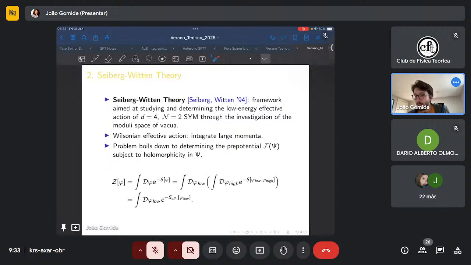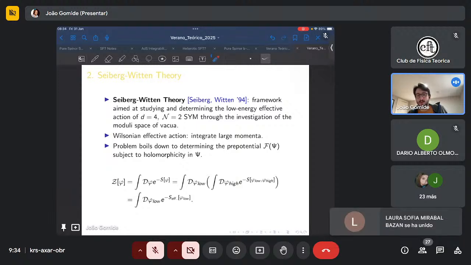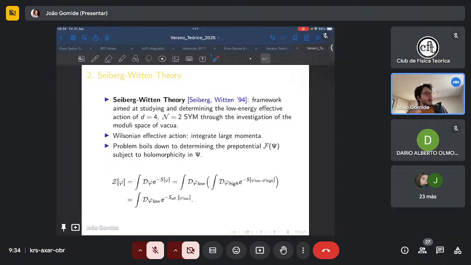The key about Seiberg-Witten theory is that because you have so much knowledge about the theory due to the fact that it is supersymmetric, you can take conclusions and build extra or auxiliary structures that allow you to fix what this function F is.